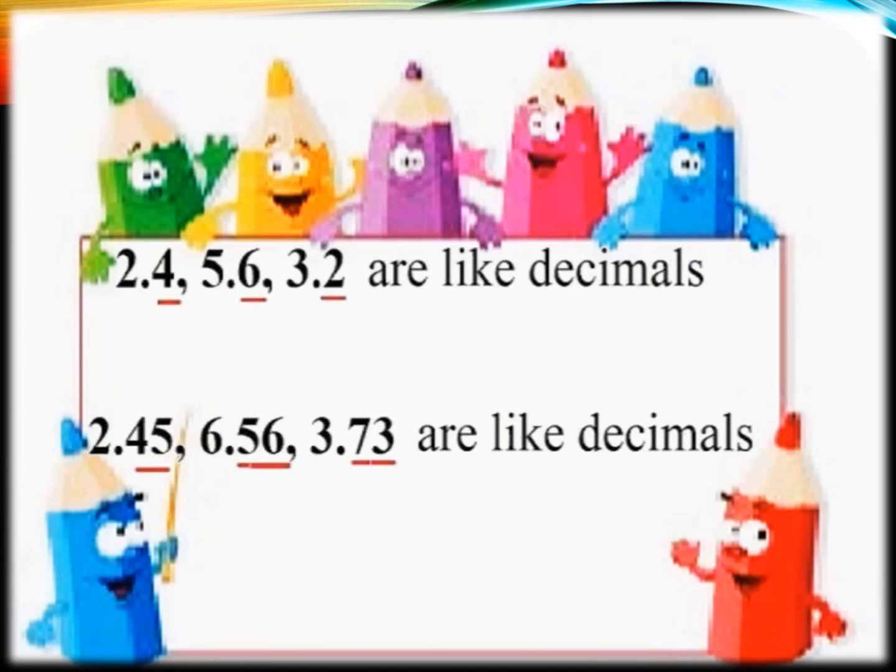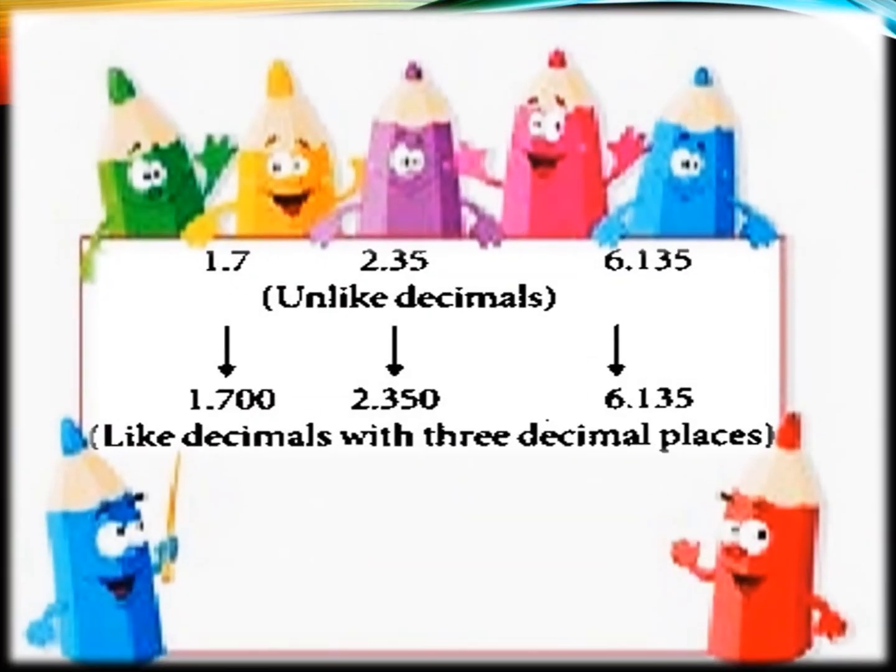Decimals at 2 places, so these are also like decimals. Now what do you observe here? 1.7, 2.35 and 6.135. One has 1 decimal place, another has 2 and the third has 3. All are different, so we call them unlike decimals.